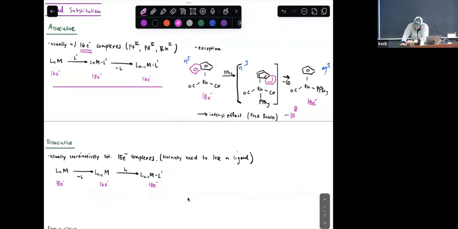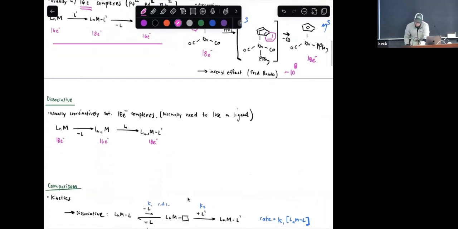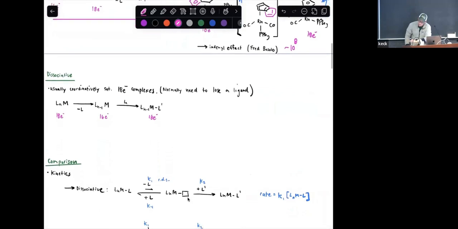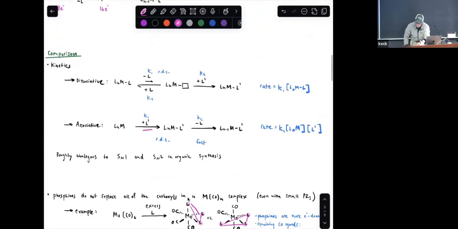And then the other flavor of ligand exchange, and this is where I'll end, is dissociative. Dissociative ligand exchange is normally what's taking place with coordinatively saturated 18 electron complexes. And the reason for that is somewhat self-evident, because you don't want to go up to 20 electrons or too many electrons on the metal. So you first lose a ligand and then you bind a ligand.